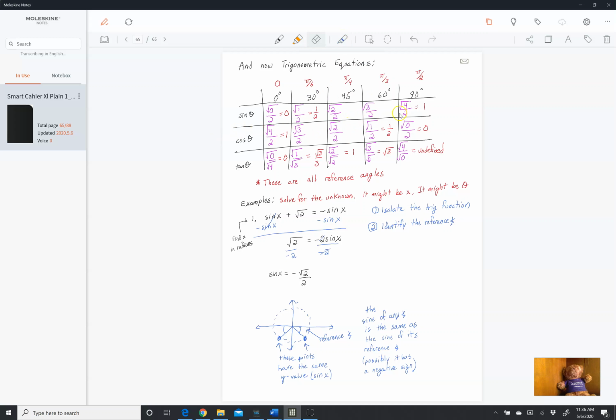Okay, this is where your exact value chart becomes important, because what you're saying is, which angle has a sine that's equal to the square root of 2 over 2? Don't worry about the negative yet. Well, before we identify, I realized that it makes more sense to do it the other way.